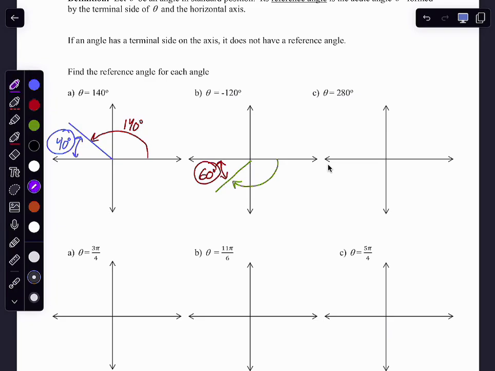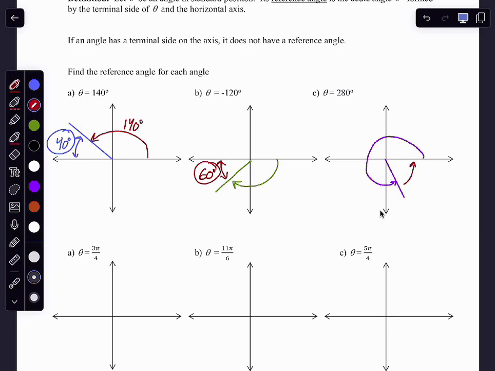All right, 280, what quadrant is that in? Fourth. It's barely into the fourth. 270 is on the axis. So this is 10 degrees past that. So is the answer 10 degrees then? Do you see why somebody might say 10? Okay. You don't want the turn to the y-axis.